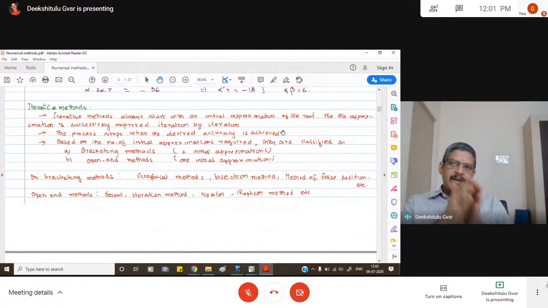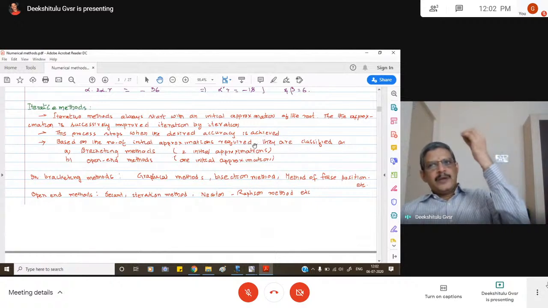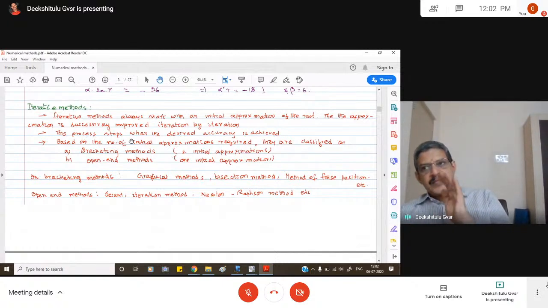Each step we get a new iteration, and then step by step we get the root. The process stops when the desired accuracy is achieved. You want the final approximation to be very close to the exact root. How close it is, that is called error. So you need that accuracy level, and when the process reaches it, you stop.